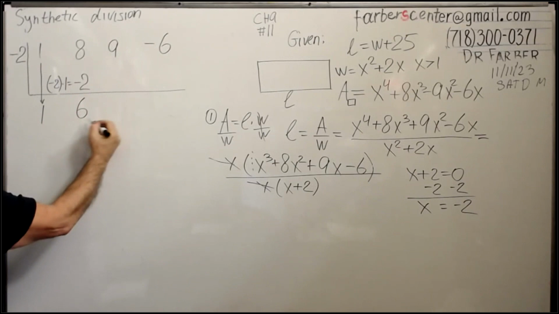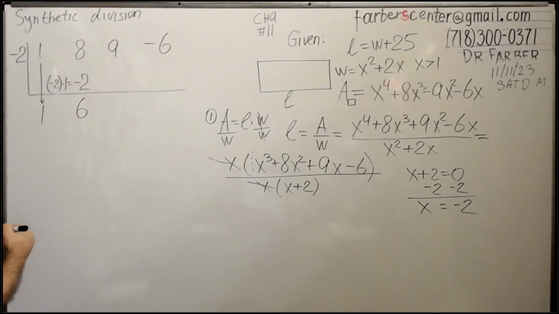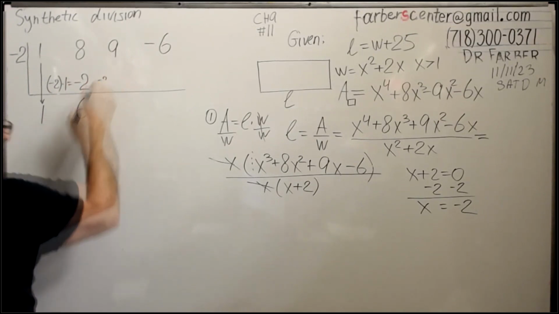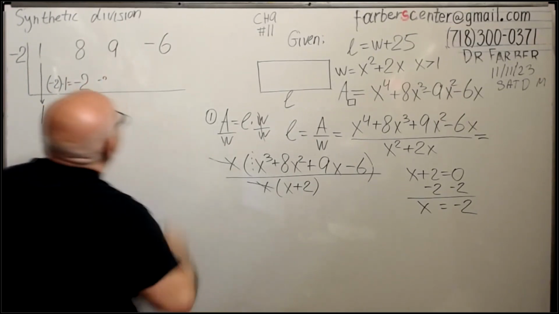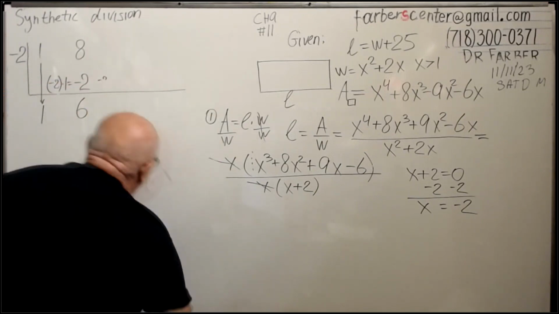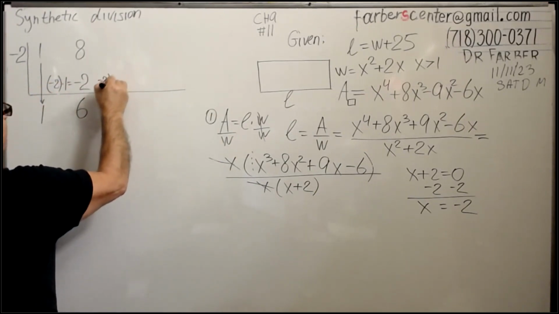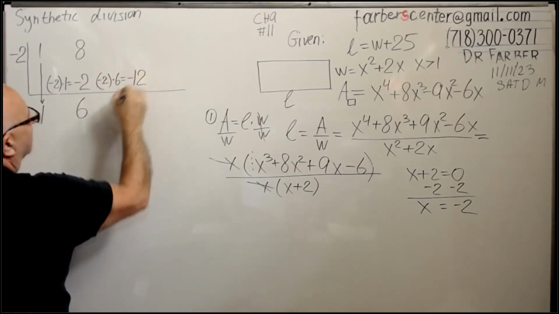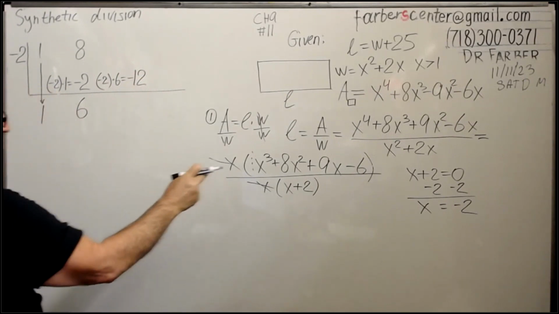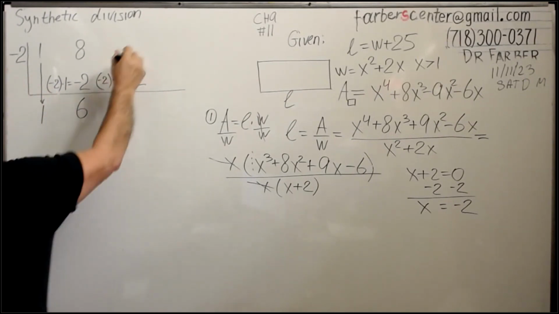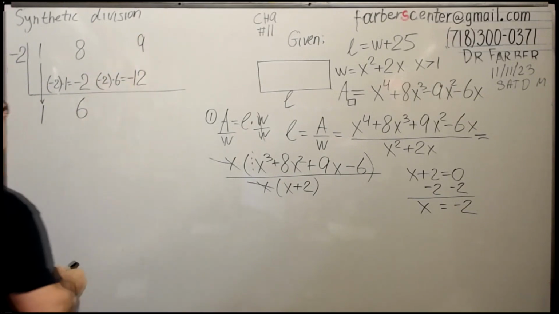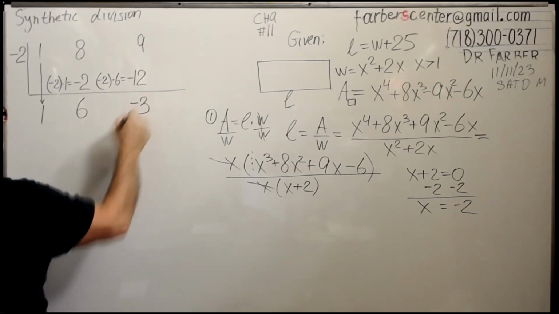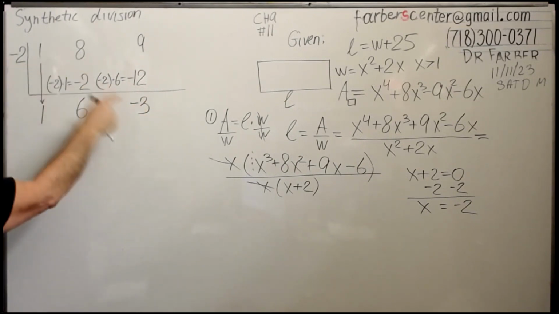You do the same procedure over and over. Next, -2 times 6, which is -12. I line up with the next coefficient, which is 9. 9 plus -12 will be -3. The next, -2 times -3.